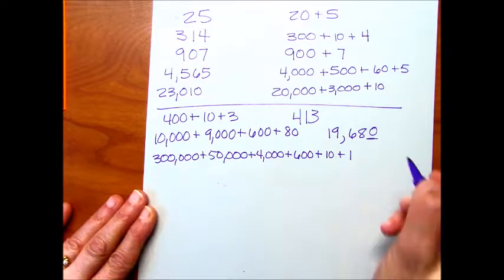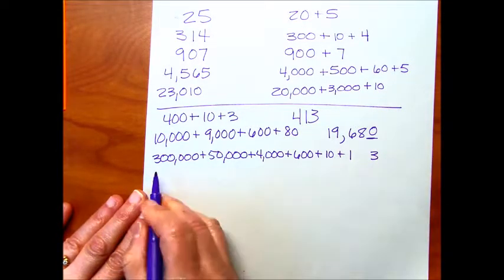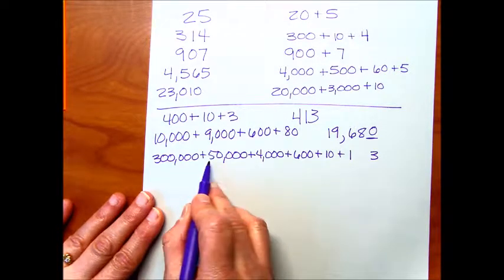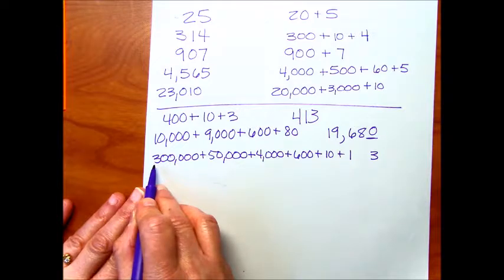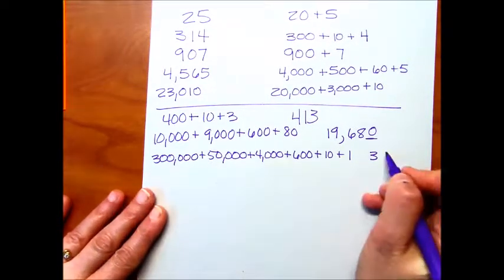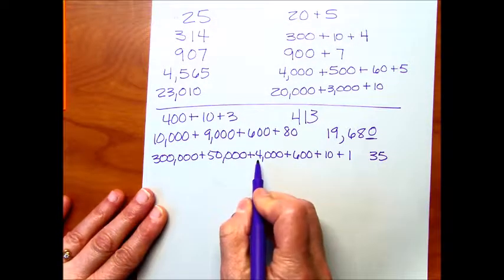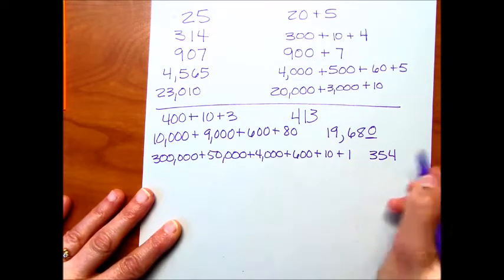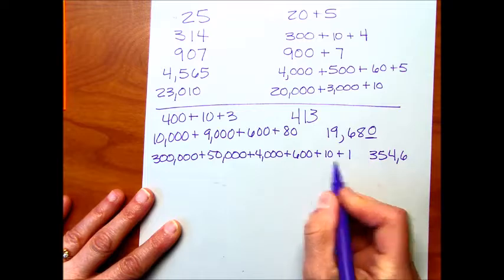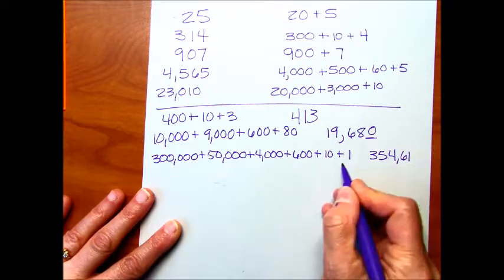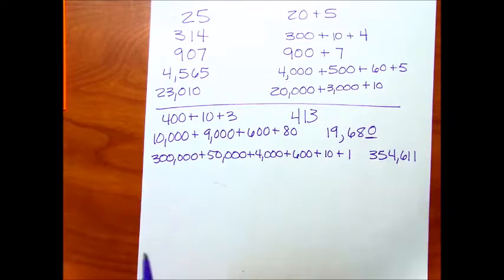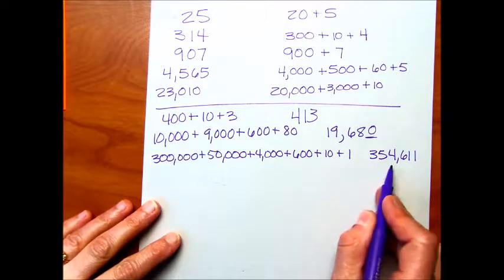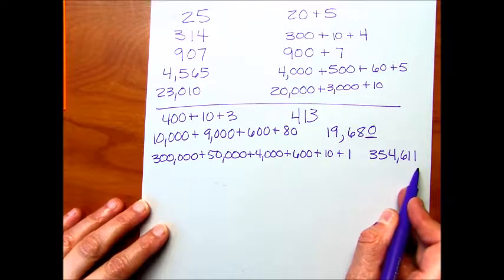So this is 3 100,000s, this is 5 10,000s, this is 4 thousands, 6 hundreds, 1 10, and 1 1. So this is 354,611.